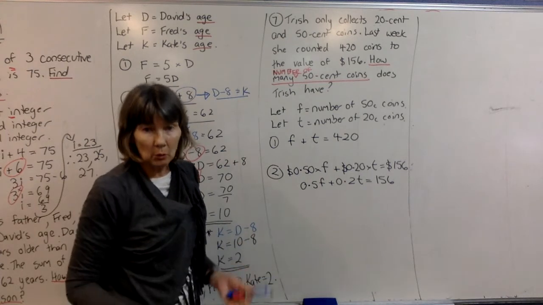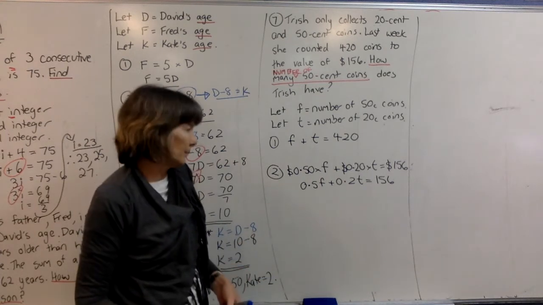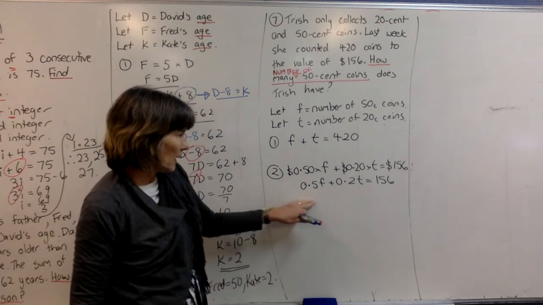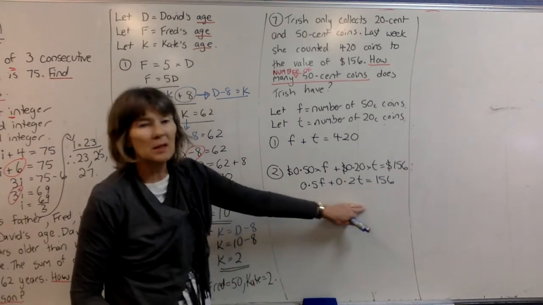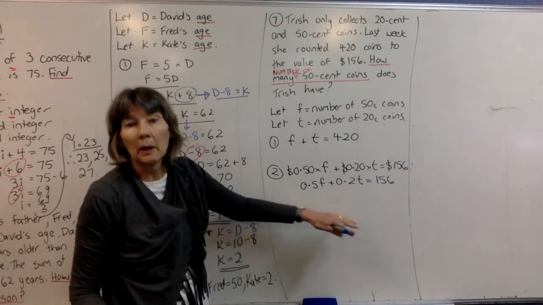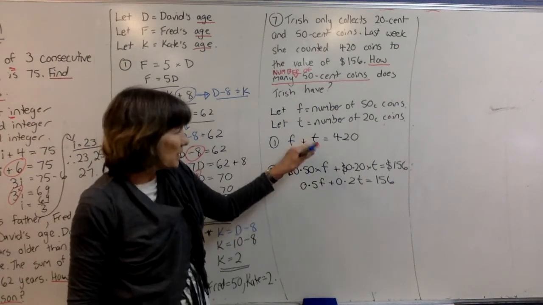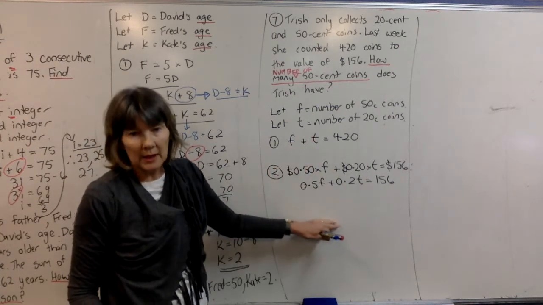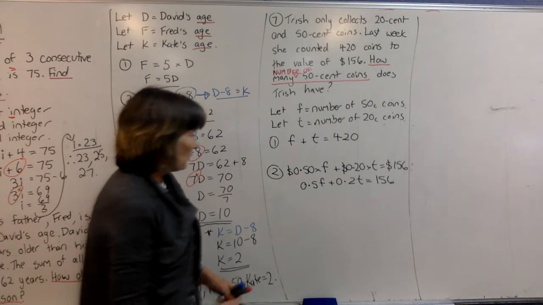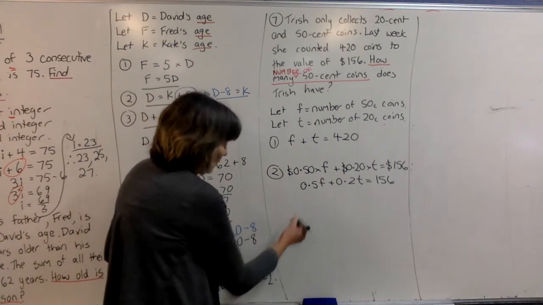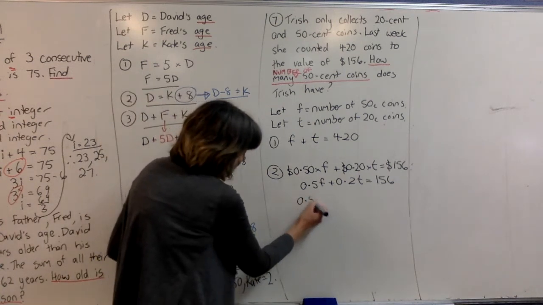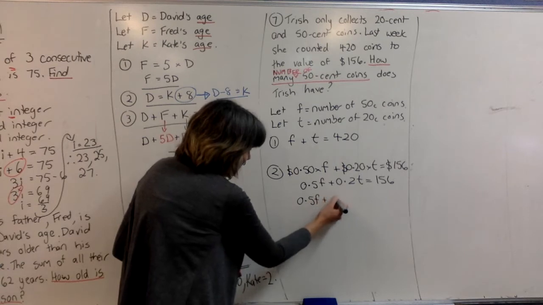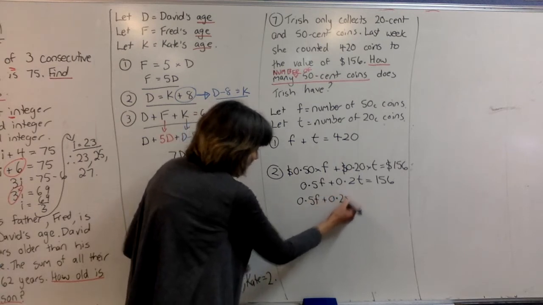How can we get them into one equation with one letter? All right, so we're going to come down here, because this is the more complicated looking one. I'm going to start with that and use the easy one to try and get it into here somehow. So I'm going to leave the 0.5f, plus 0.2 times.